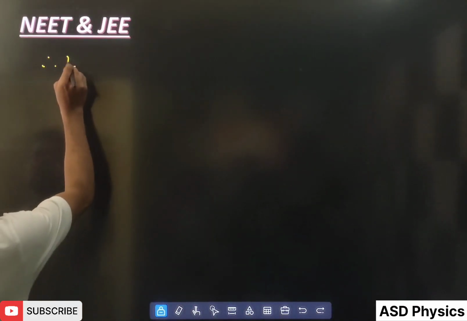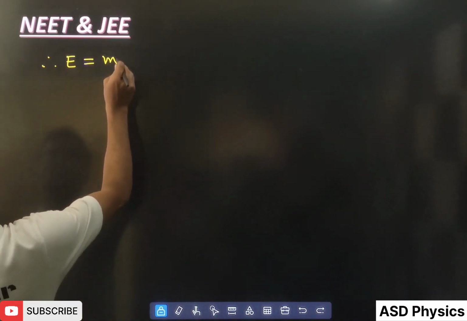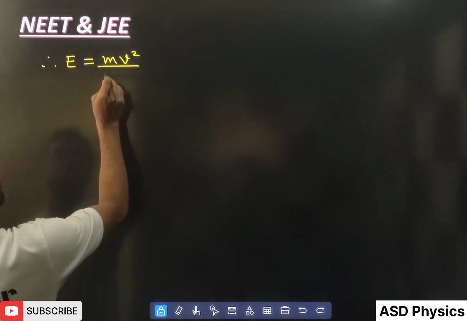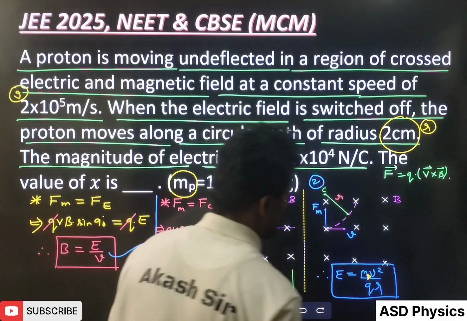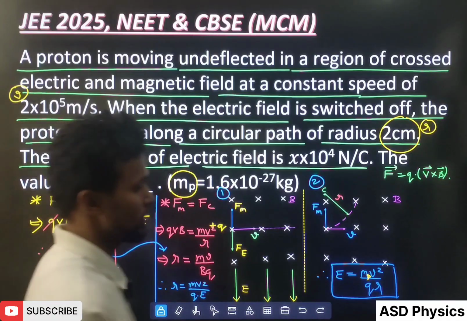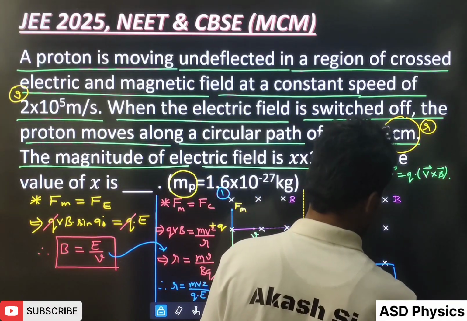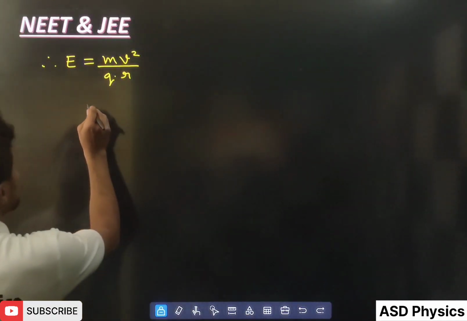So we know very well E equals mv square by Q into R. Again, mv square by Q into R. The mass of the proton is 1.6 into 10 power minus 27.